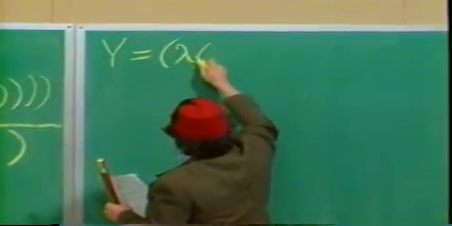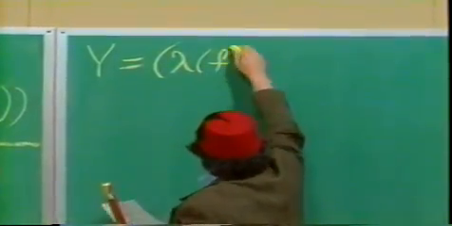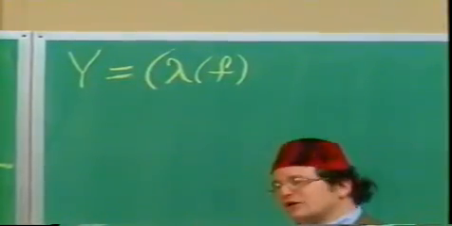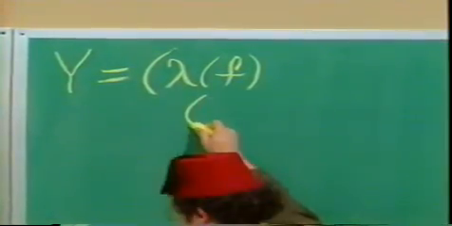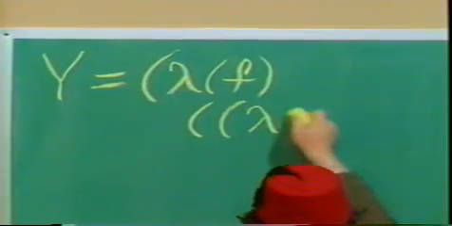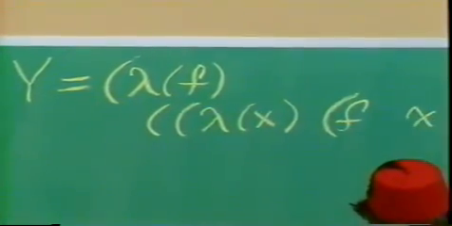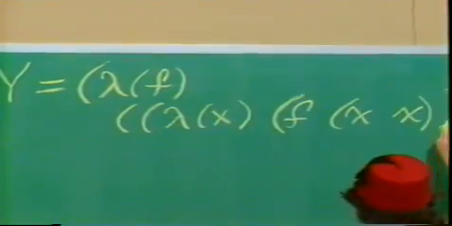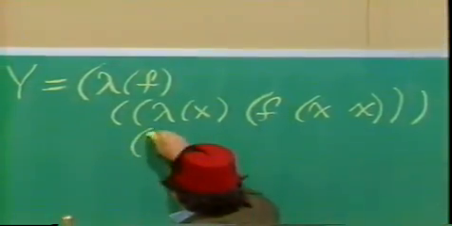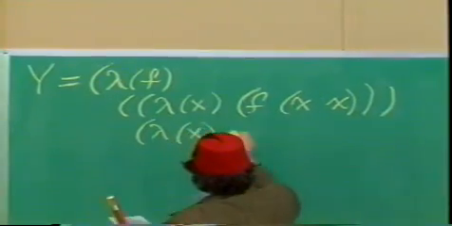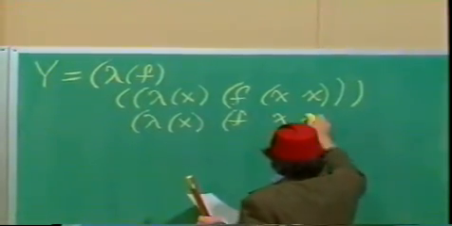If I have a procedure of one argument f, what's it going to have in it? It's going to have a kind of infinite loop in it, which is that procedure of one argument x, which applies f to x of x, applied to that procedure of one argument x, which applies f to x of x.